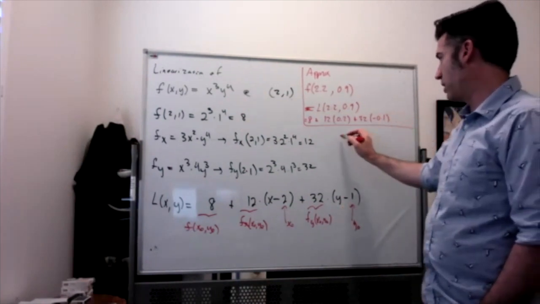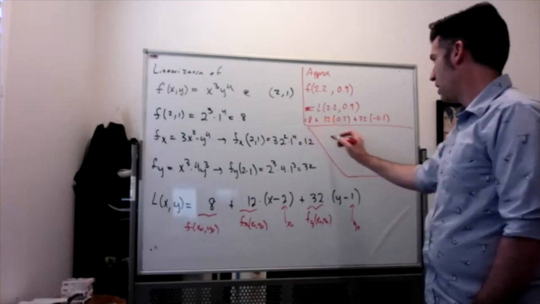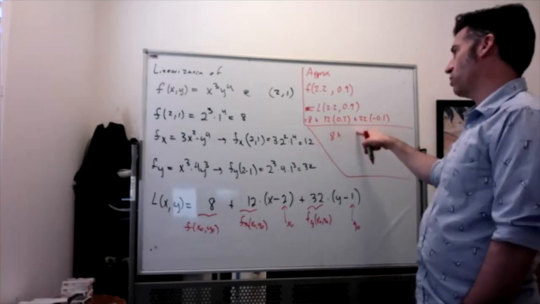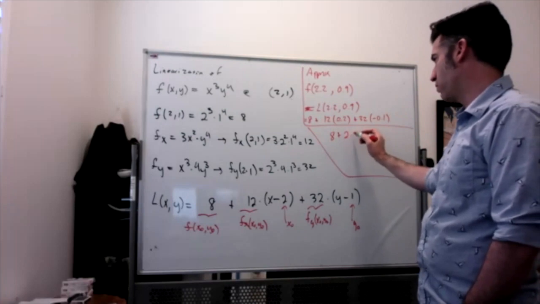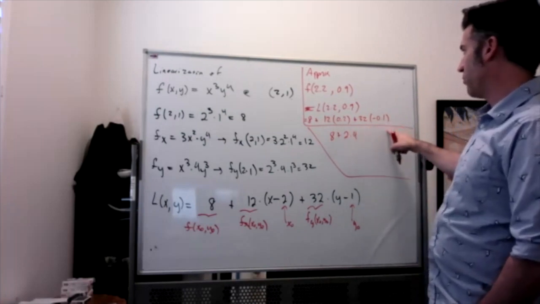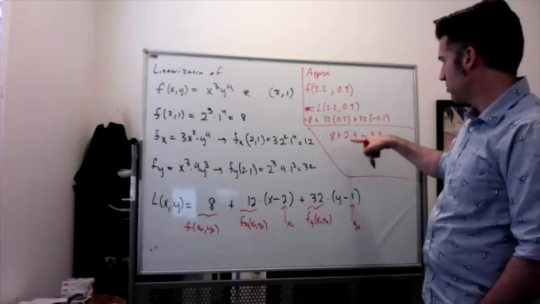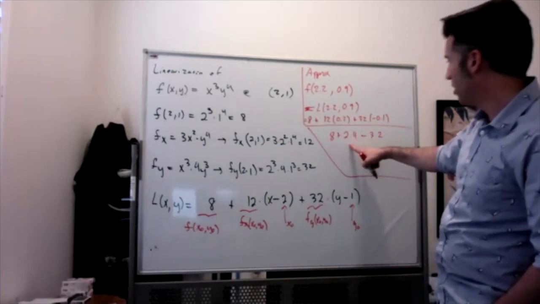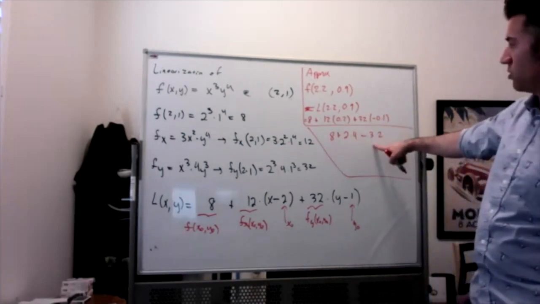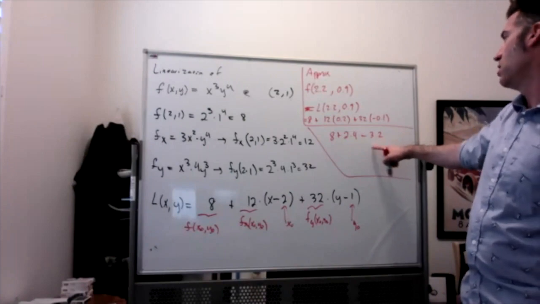So we end up with 8 plus 12 times 0.2 is 2.4. 32 times negative 0.1 is minus 3.2. So it's 8 plus 2.4 is 10.4. Minus 3.2 is going to be 7.2.